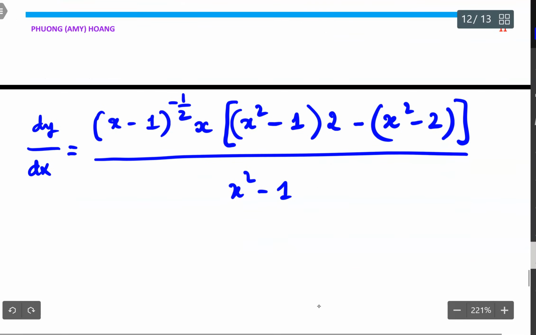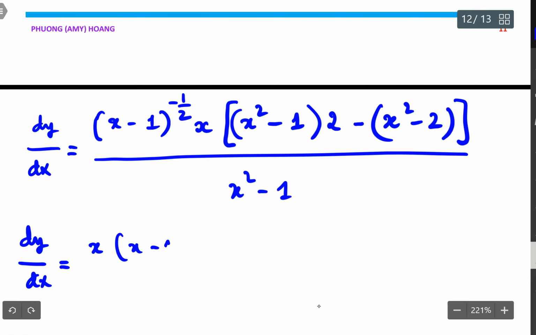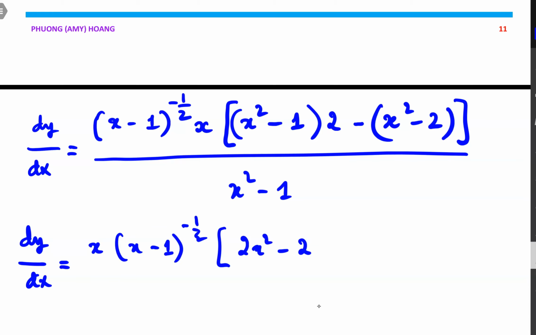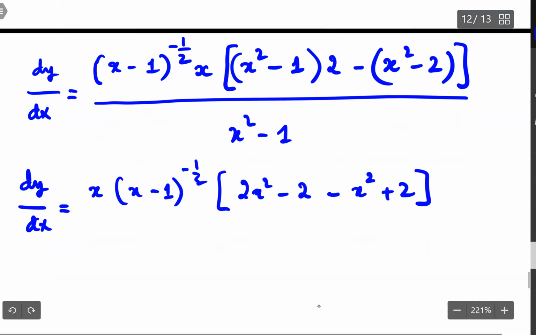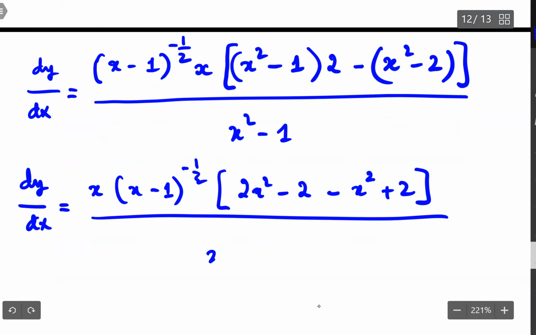Okay, so then dy over dx is equal to x times (x squared minus 1) to the negative half. And inside the bracket, I should have 2x squared minus 2 minus x squared plus 2. And here is my x squared minus 1.